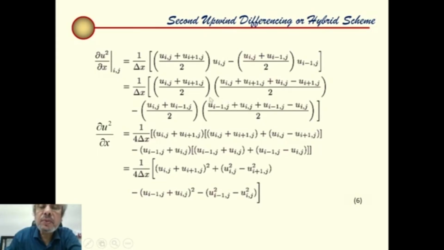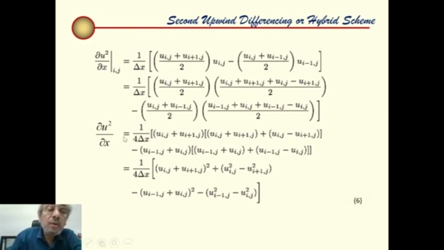So instead of ui minus 1j, we have done ui minus 1j plus uij, again plus ui minus 1j minus uij. If we write this and divide it by 2, effectively the value is ui minus 1j. But we are writing in this way in order to get some specific form.